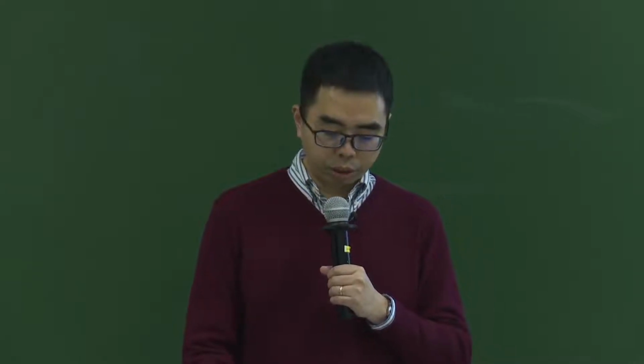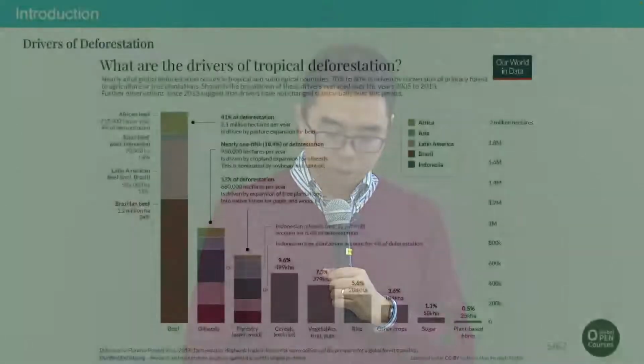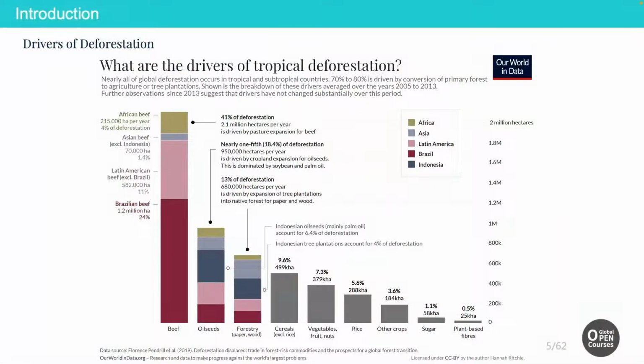Here we see the breakdown of tropical deforestation by types of agricultural production: beef, oil seeds, cereals, vegetables, rice, sugar, and other crops, and all transform forest to agriculture area. And this type of land use also destroys the habitat of many species and causes biodiversity loss.